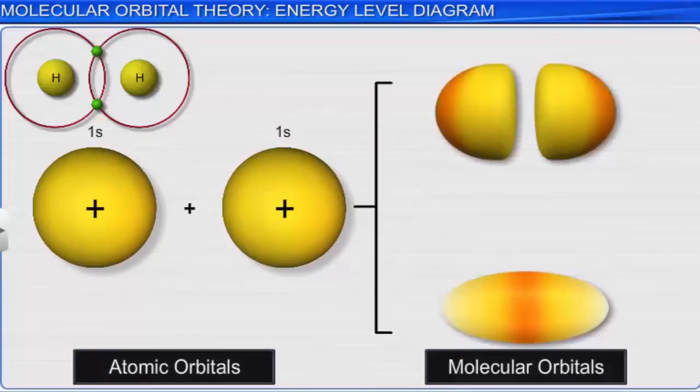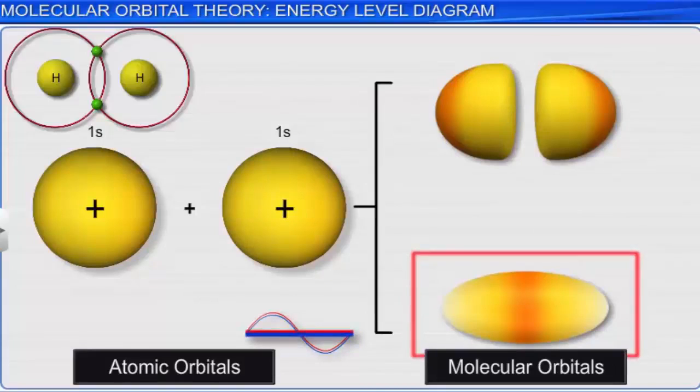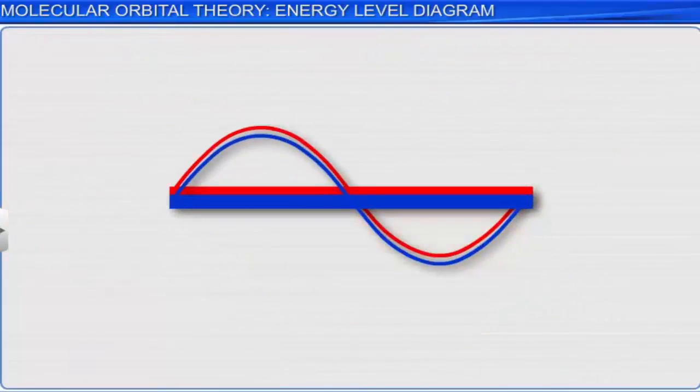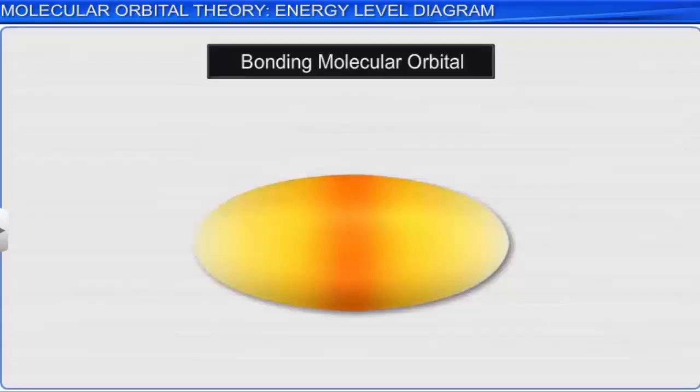One of these two molecular orbitals is formed due to the constructive interference of the two 1s wave functions, and the other is formed due to the destructive interference of the two 1s wave functions. The molecular orbital formed due to constructive interference is called a bonding molecular orbital, as the electrons belonging to it are placed between the two nuclei. This stabilizes the molecule.